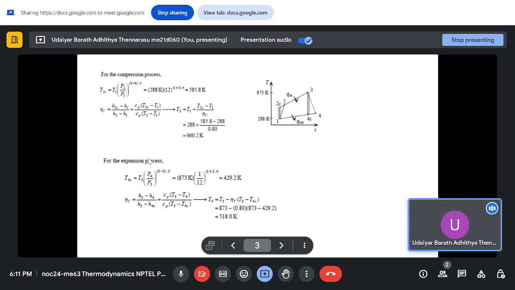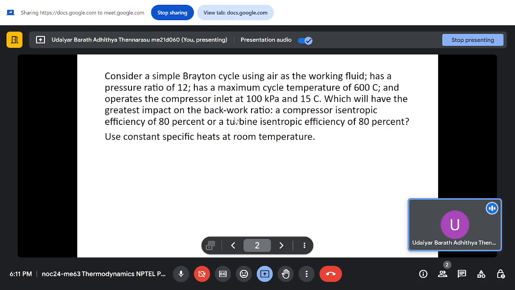Here the question was, which will have the greatest impact on the efficiency of the cycle: having a less efficient compressor or a less efficient turbine. So you consider initially a less efficient compressor and an efficient turbine, and then an efficient compressor and a less efficient turbine. These are the two cases, and we see what the effect is.